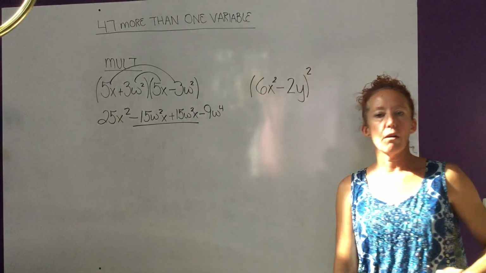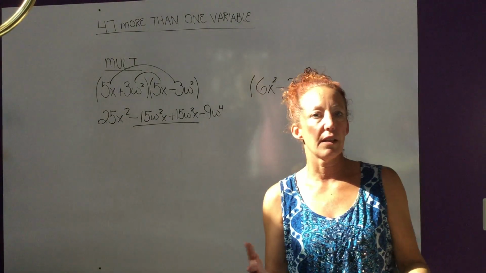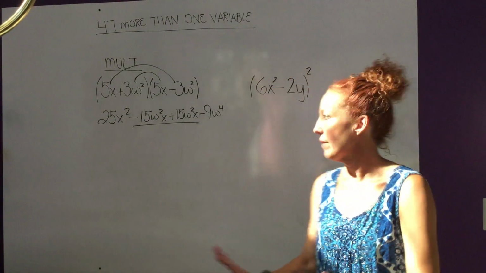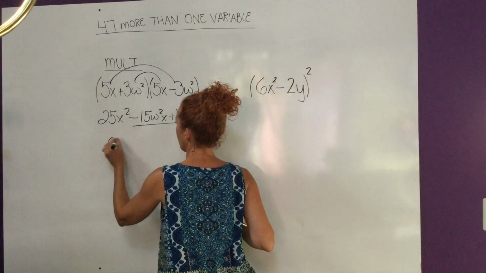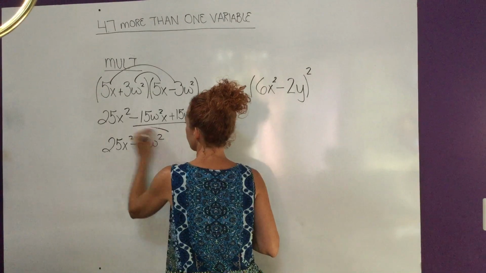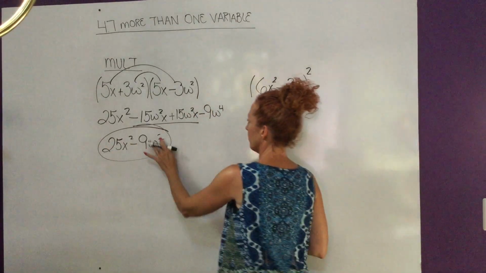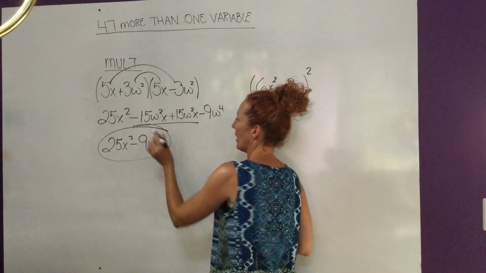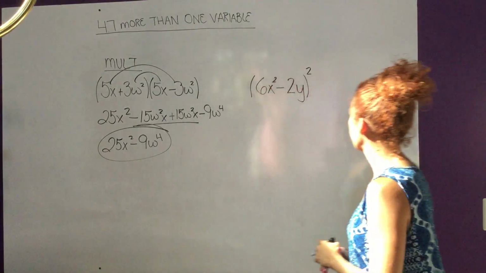Notice those right there are opposites. If you notice that at the beginning and you didn't even write those down, that's fabulous. We don't really mind as long as this is your final answer. That's your final answer. Okay?